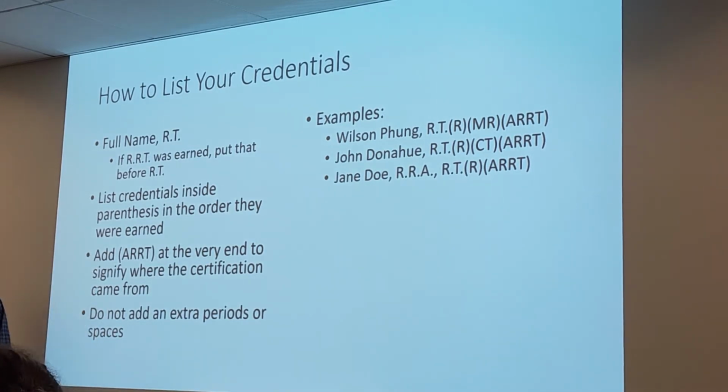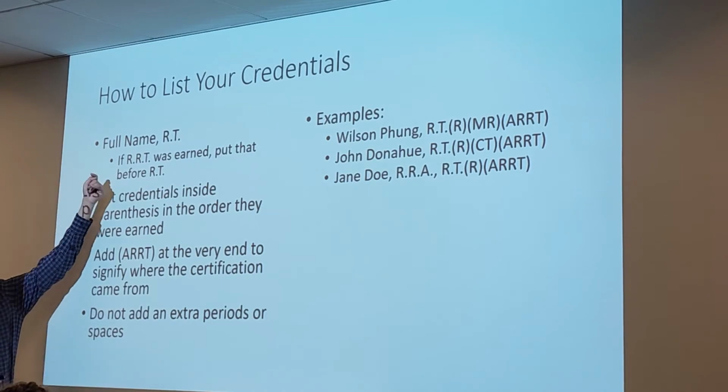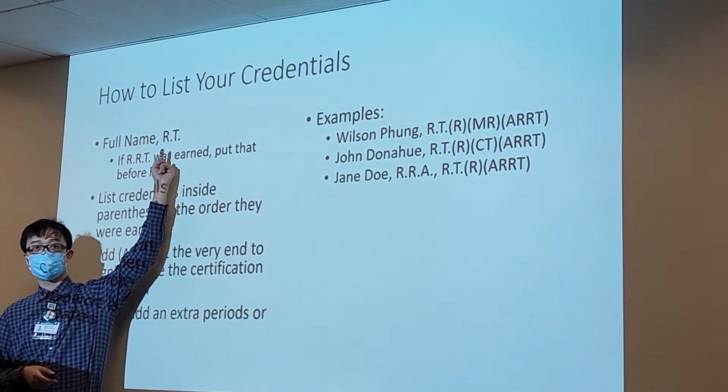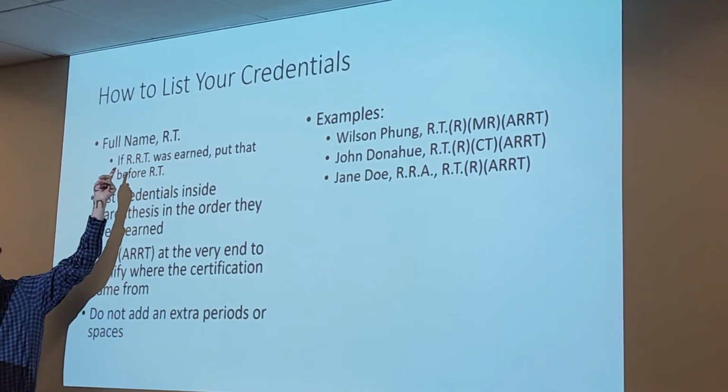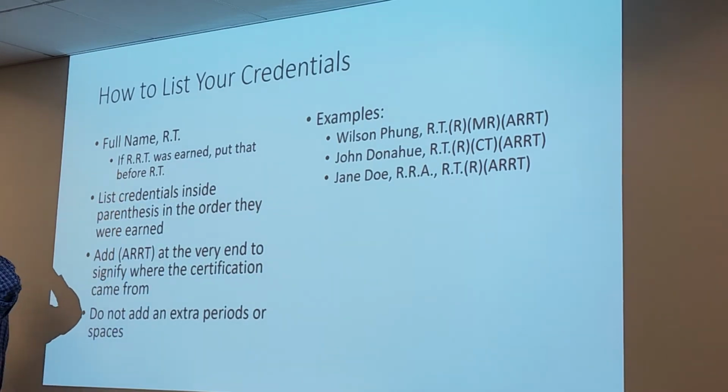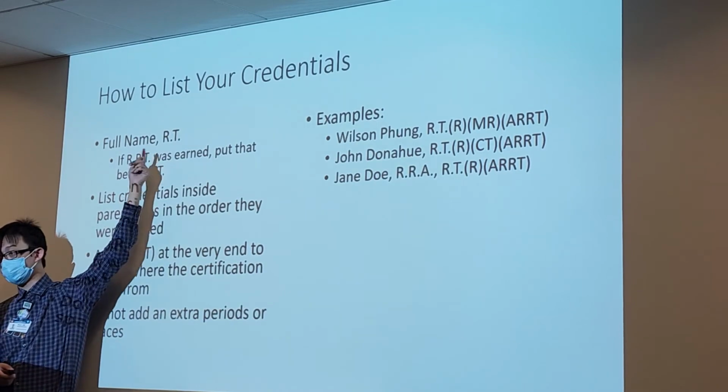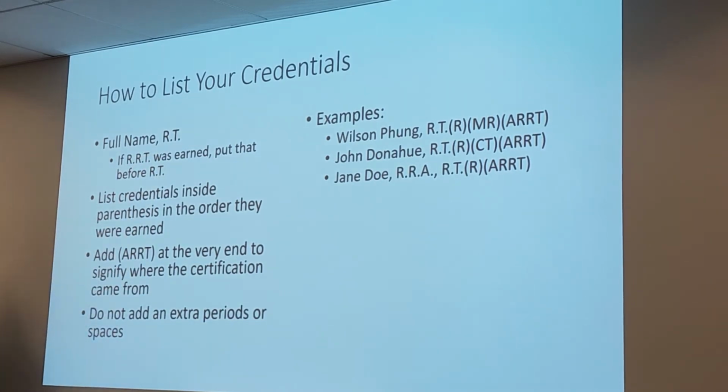So this is how you should list your credentials. You have your full name first, and then comma R.T. If you're also a radiologist, if you're an RT, right, you put that in front as well. List credentials inside the parentheses in the order they were earned.